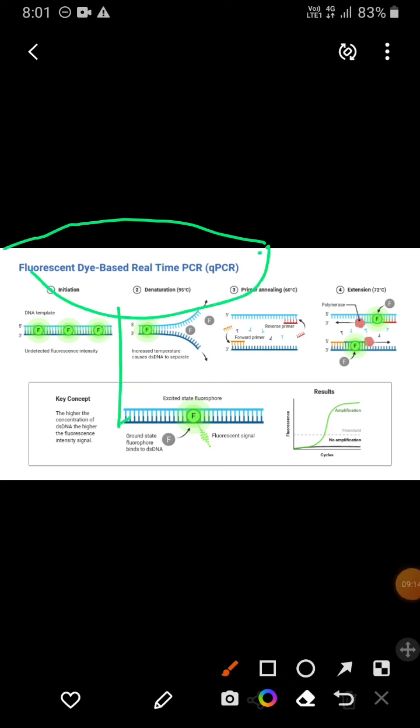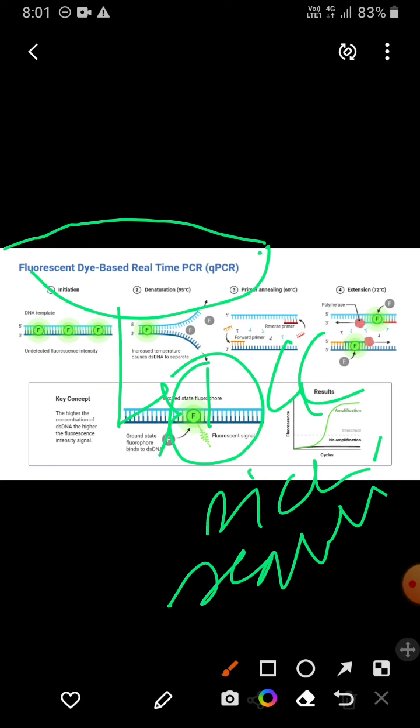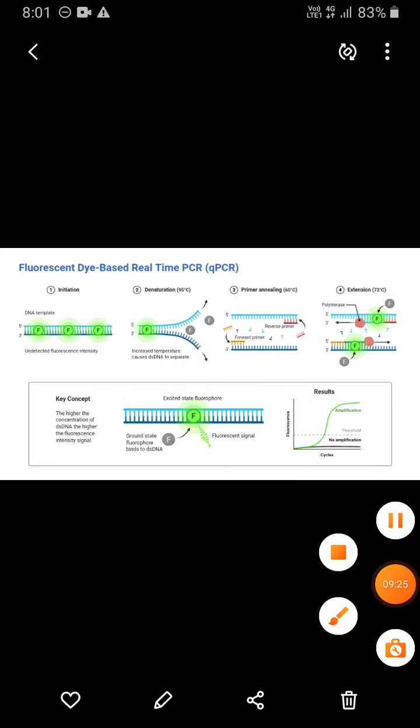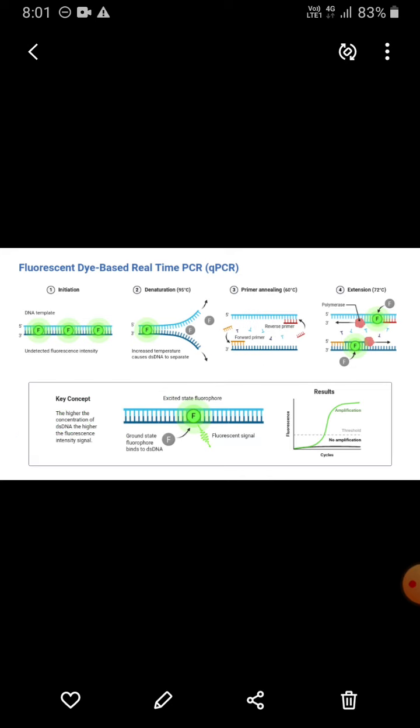If you are using SYBR Green, you have to remember that GC-rich sequence is preferred by the SYBR Green. So if your newly synthesized DNA strand does not contain any minor groove with GC-rich sequences, there can be a chance that our SYBR Green will not bind with that kind of DNA molecule, and as a result the overall result will not be exact.